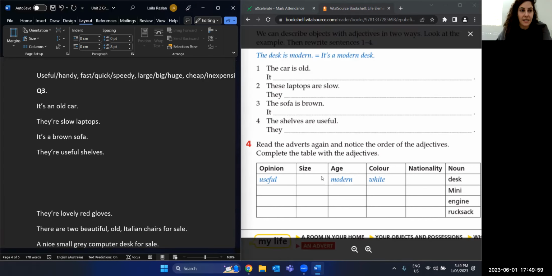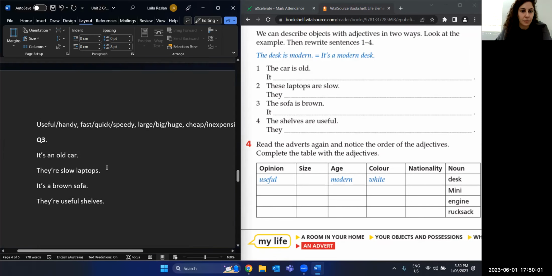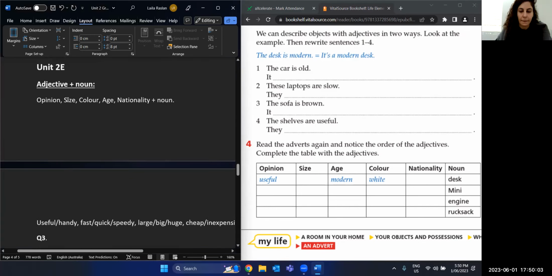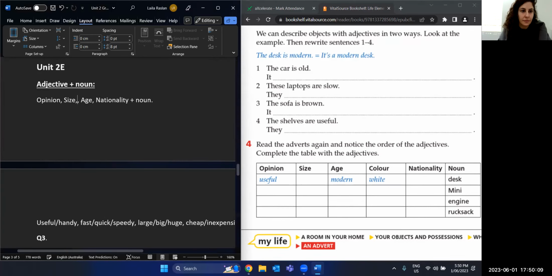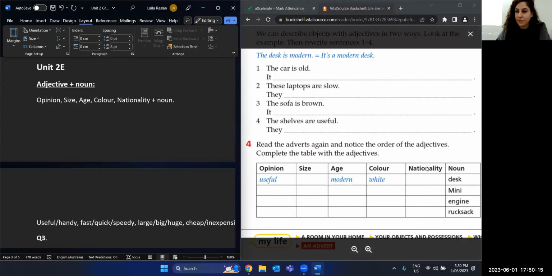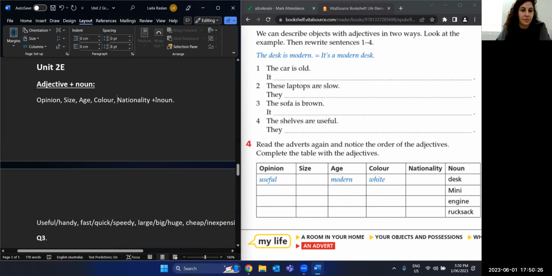Then you tell the size. Then the age. Then the color. The nationality. Remember, not all information is needed for the noun, but this is just an order to help you make it simple when you talk about it. And then the noun.